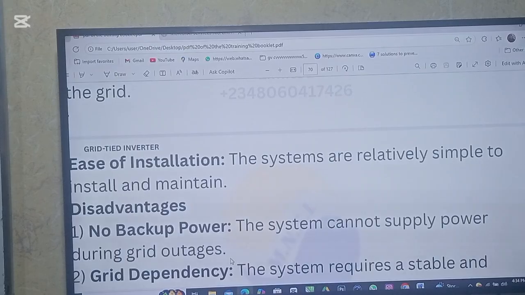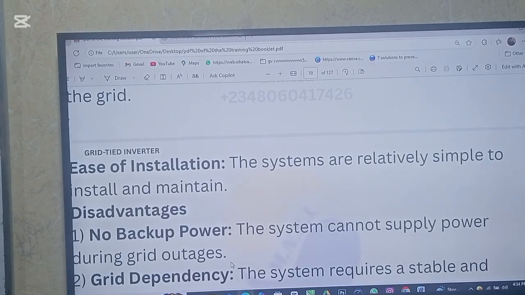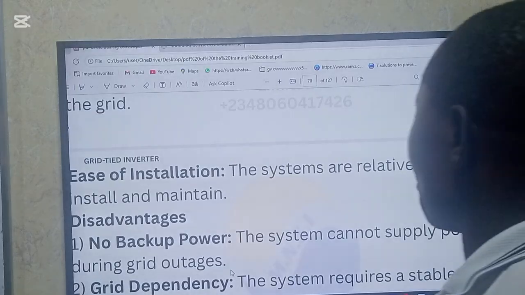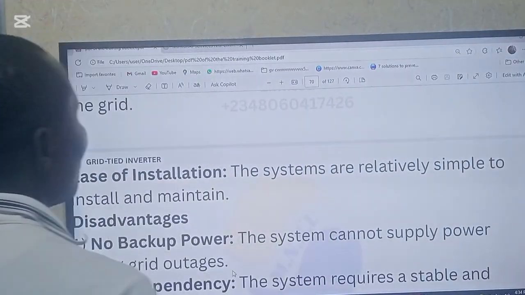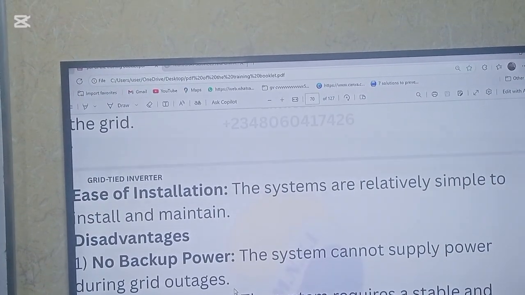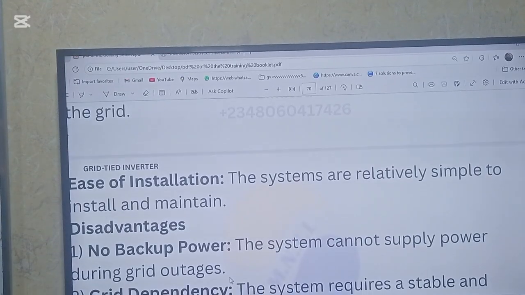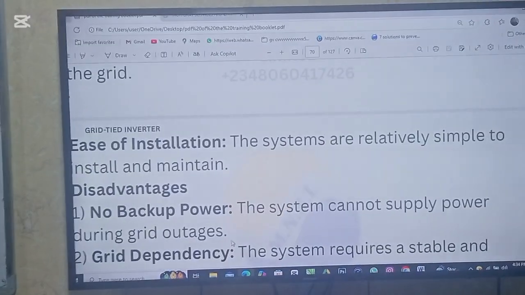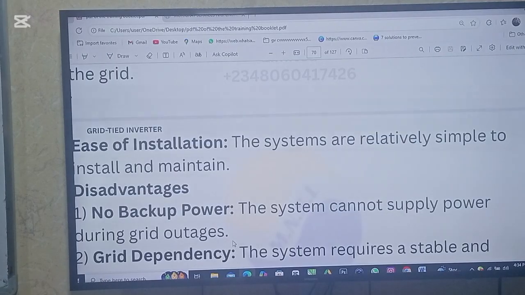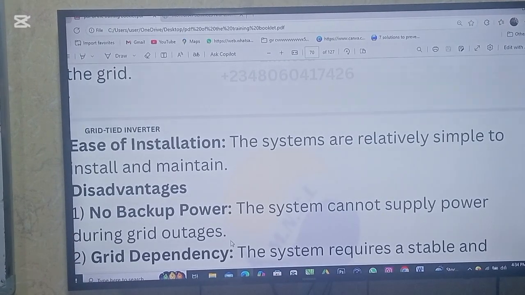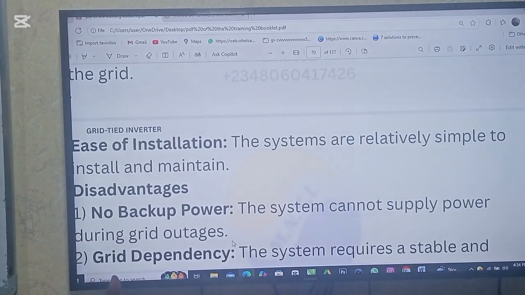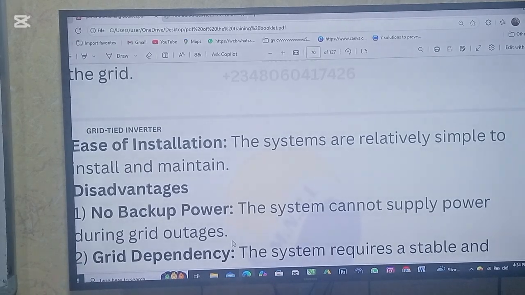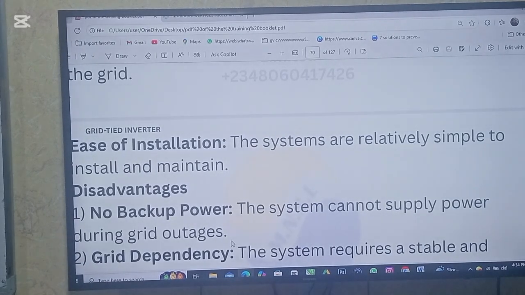I think I've expatiated more on this. Not only that, ease of installation. The systems are relatively simple to install because they do not require a battery. Now the disadvantages of the grid-tied system: no power backup.